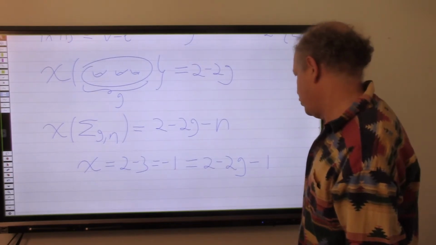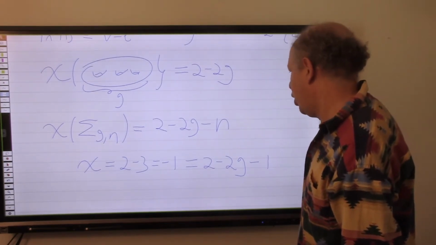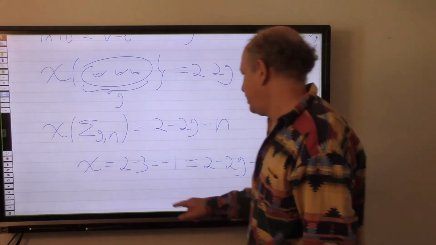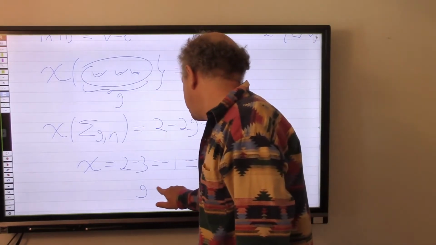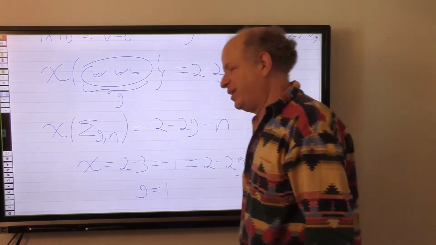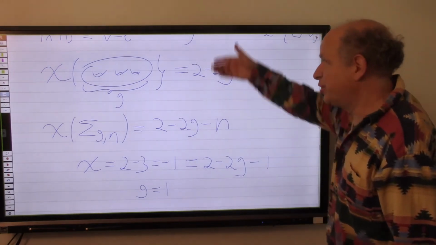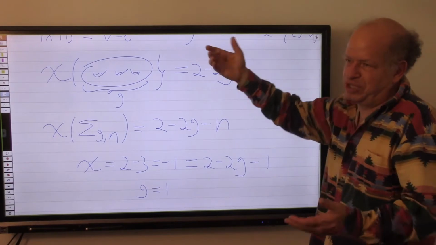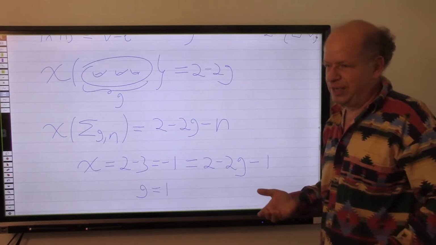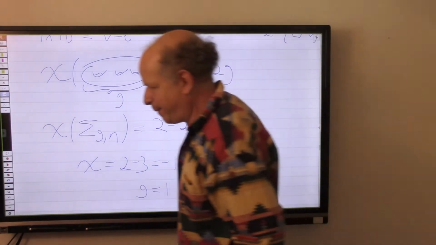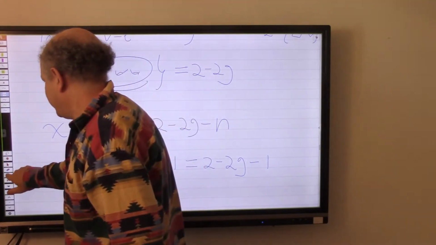And I truly hope that I didn't mess up anywhere, because I should get that the genus is equal to 1. I think we do get that the genus is equal to 1, yes. So the genus is equal to 1, which is what took us much more pain to do last time. Okay, good. Questions, comments?